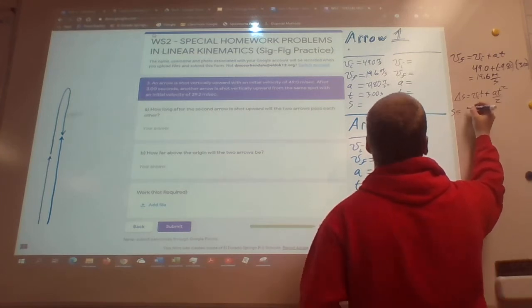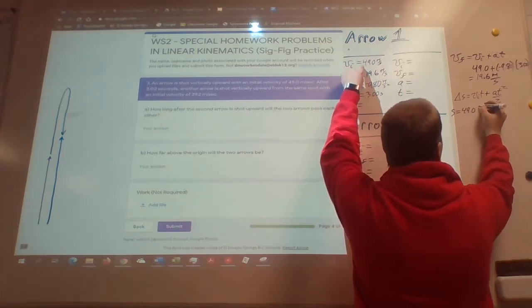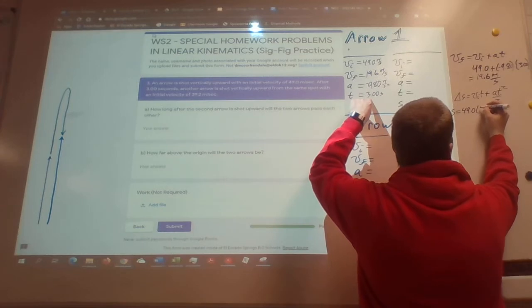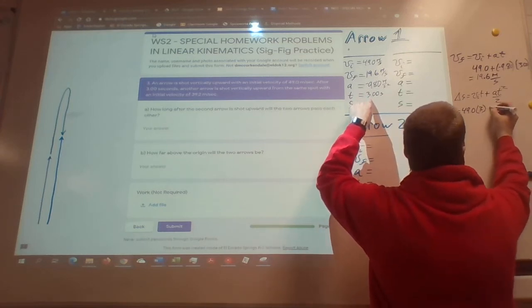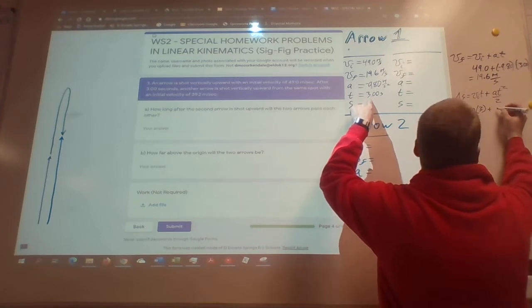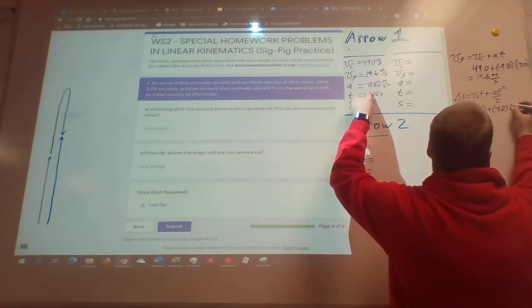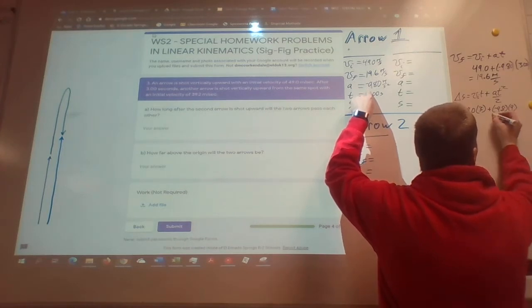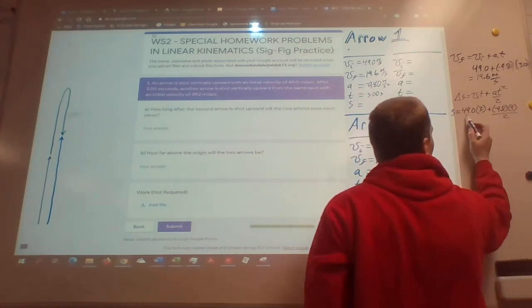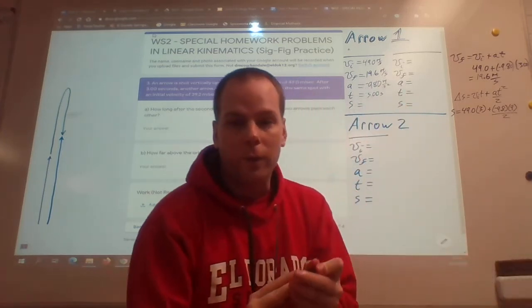So S is equal to the initial velocity, 49.0 times 3 seconds, and I'm going to abbreviate that without the decimal points to save some space, plus negative 9.8 times 9, 3 squared would be 9, divided by 2. And we can plug all of this into our calculator in one go. So I'm going to do that real quick.